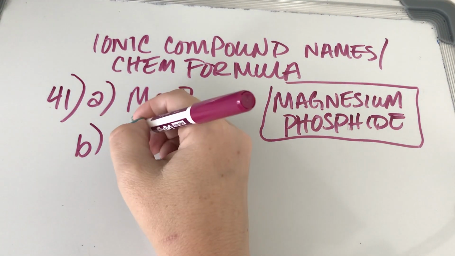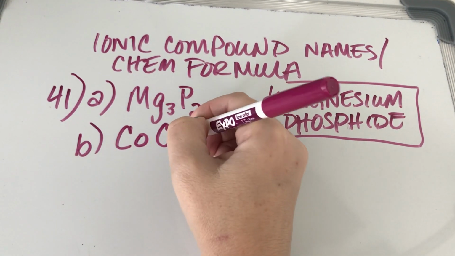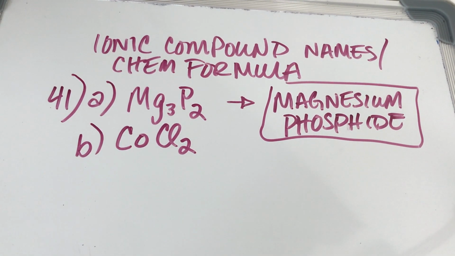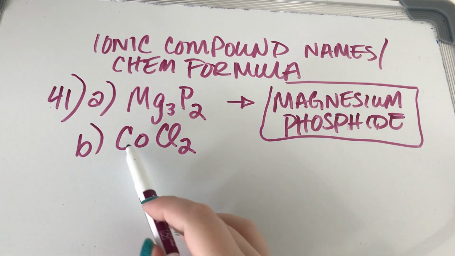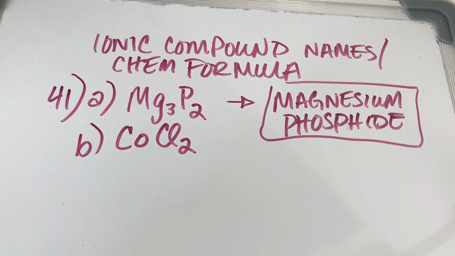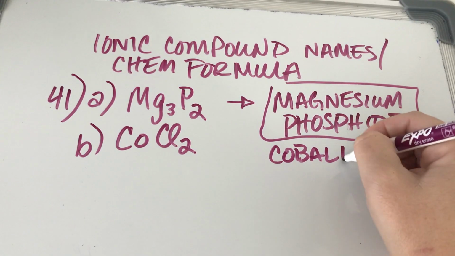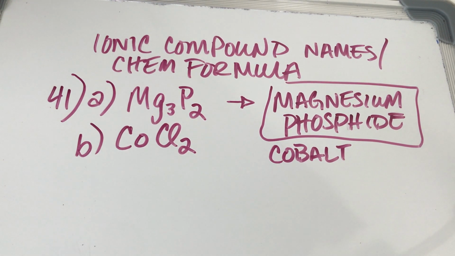So then B, we have this one. What is our cation name? Cobalt. We know we're going to need a Roman numeral for this one.